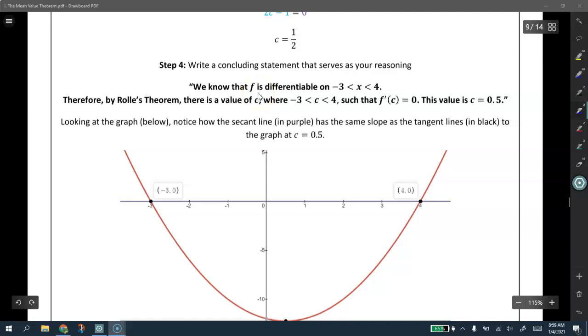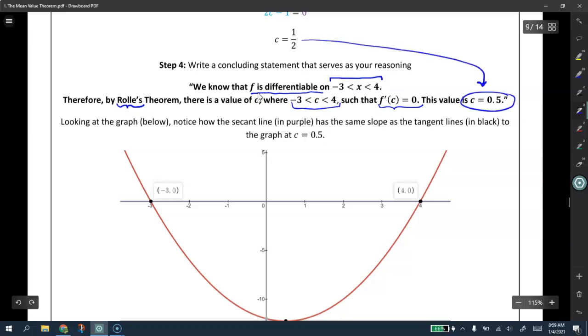So what we can say is the function is differentiable on the interval -3 to 4. And so by the mean value theorem, or more specifically, Rolle's theorem, we know that there is some value within that interval so that f derivative is equal to 0, and that value happens to be 1/2, or basically 0.5.